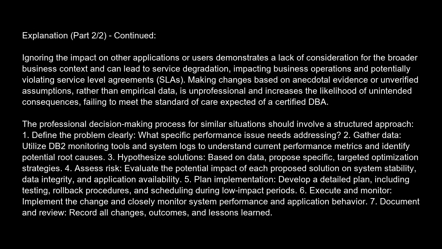Evaluate the potential impact of each proposed solution on system stability, data integrity, and application availability. 5. Plan implementation. Develop a detailed plan including testing, rollback procedures, and scheduling during low-impact periods. 6. Execute and monitor. Implement the change and closely monitor system performance and application behavior. 7. Document and review. Record all changes, outcomes, and lessons learned.